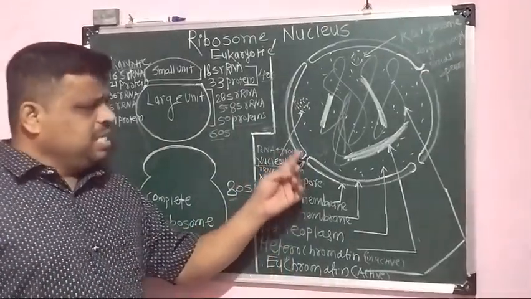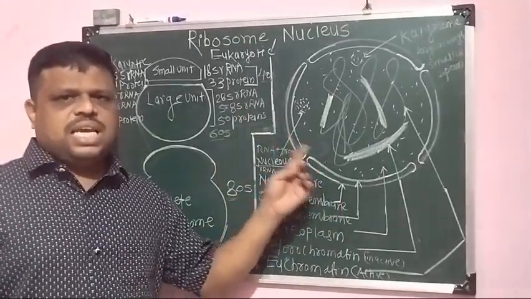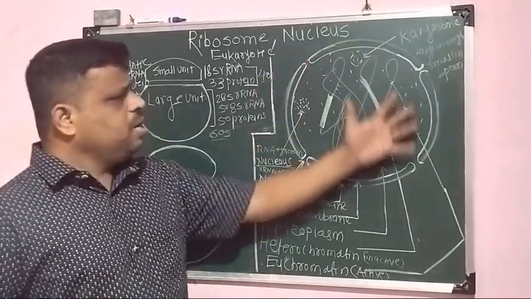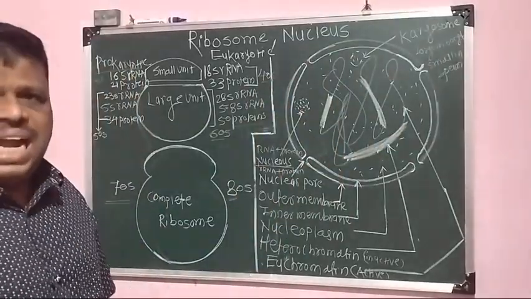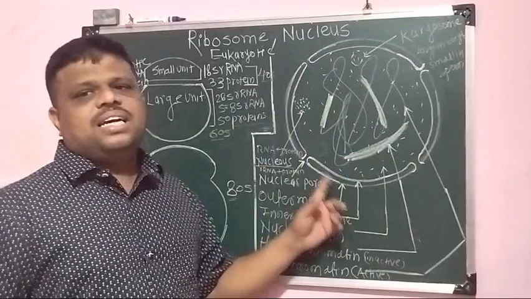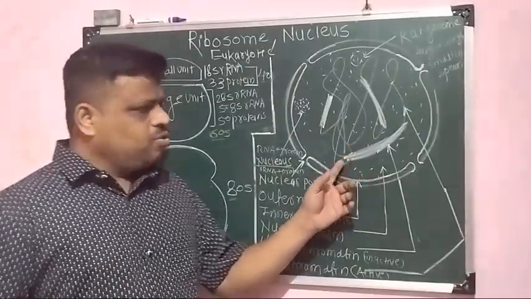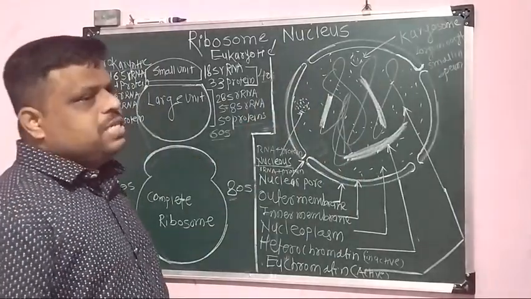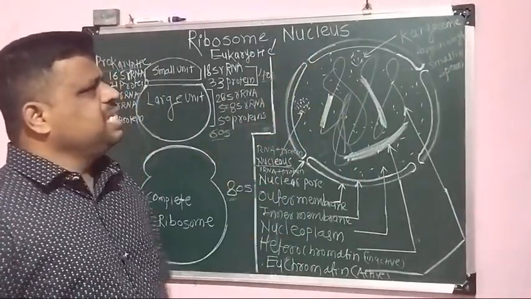That's why this is called the master cell organelle of the cell. This becomes distinct and very clear in interphase. So this is the structure of the nucleus taken from the interphase.